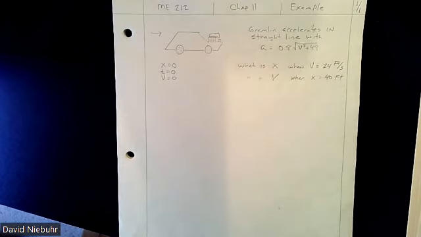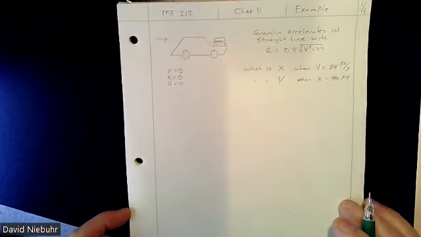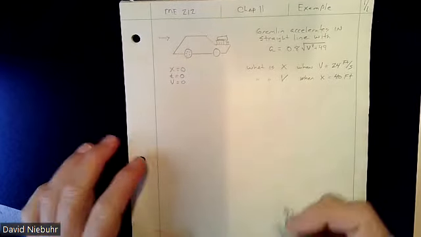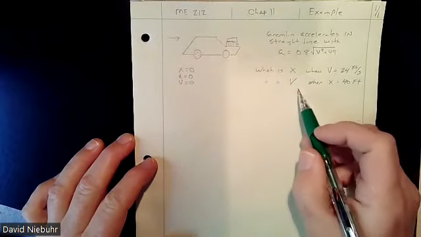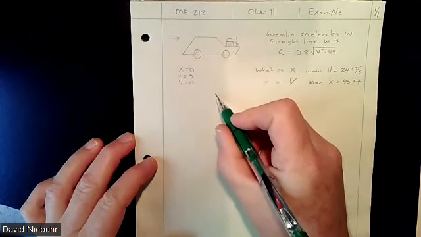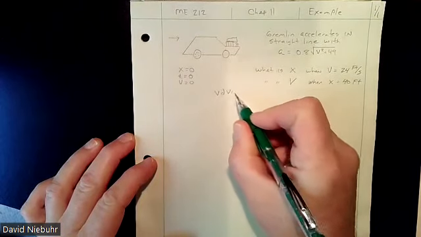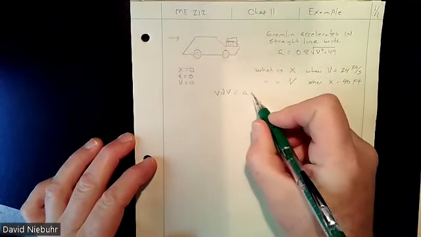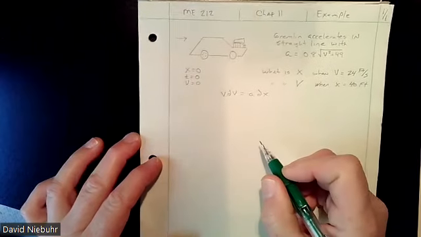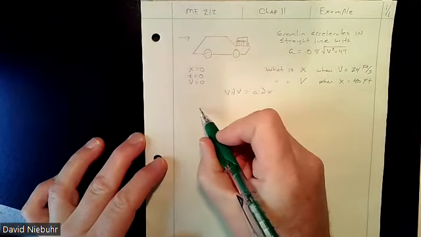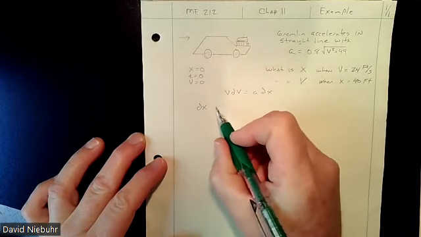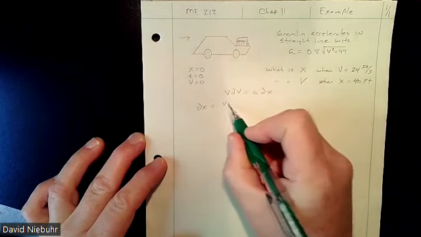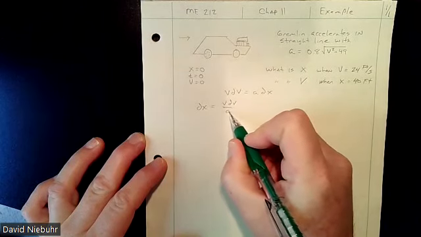The first thing you want to do is ask, what relationship do I want to use? It's a function of velocity, and I need to know position. So I'm going to pull out v dv equals a dx. If I rearrange that, I get dx equals v dv over a.